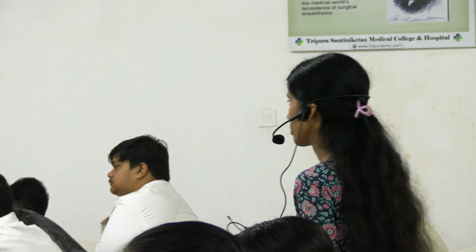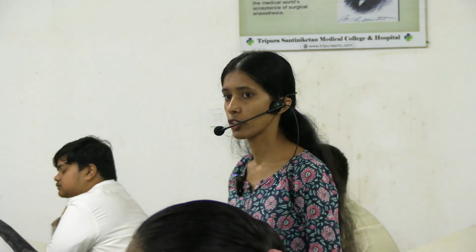The second point is obstruction of superficial lymph vessels by cancer cells may produce edema of the skin. What do you mean by edema of the skin? Swelling. Okay. Any other answers? Inflammation. Very good. So there will be an inflammation in the skin along with the change of color of your skin.